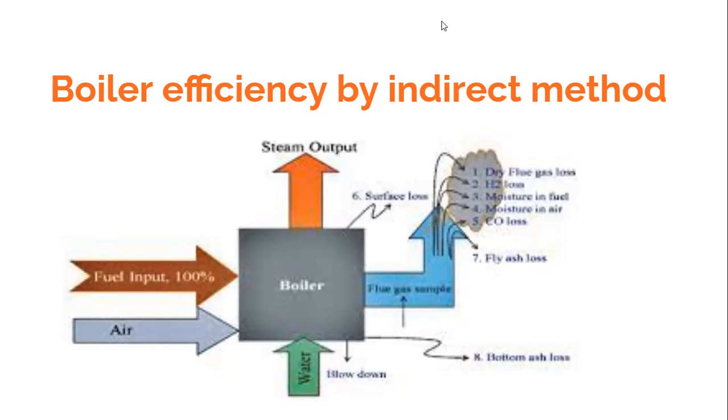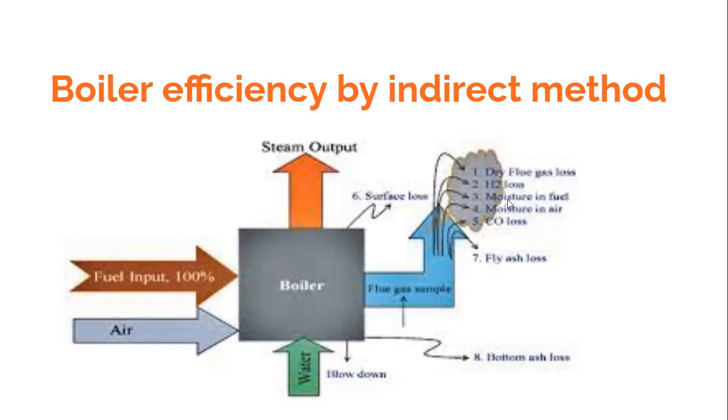For this indirect method, you see over here in this neat diagram I had shown the losses which are happening in the boiler. One is the dry flue gas losses. Flue gas means the products of combustion. So the heat loss which happens through the products of combustion, that is one. Then there is a loss because of hydrogen in the fuel.